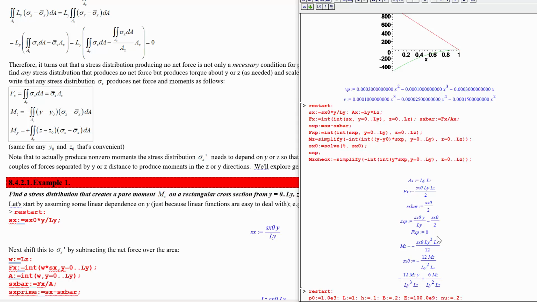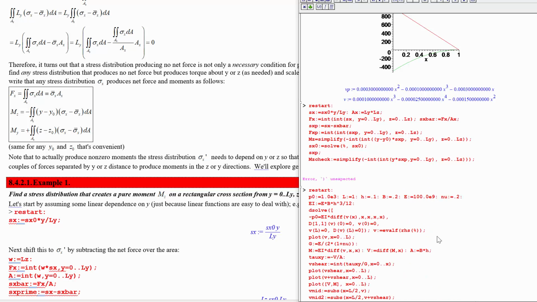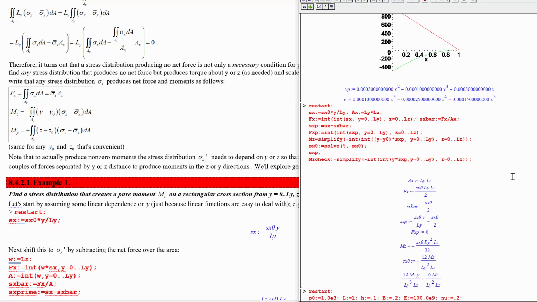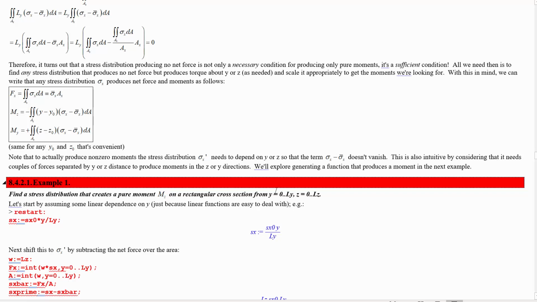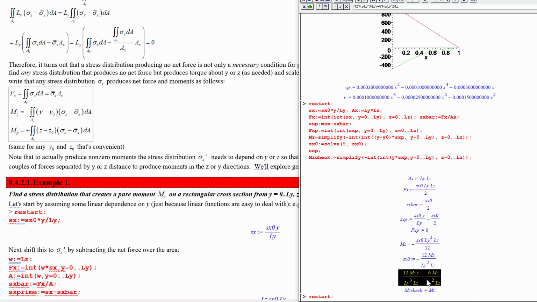But because of how we defined this, this just works out simply as the moment. So the moment that's produced by this stress on the surface is whatever applied moment we're looking for. So that's all well and good. If we have something which is scaling from 0 to Ly and 0 to Lz, this formula will always work out to produce whatever moment we're looking for.